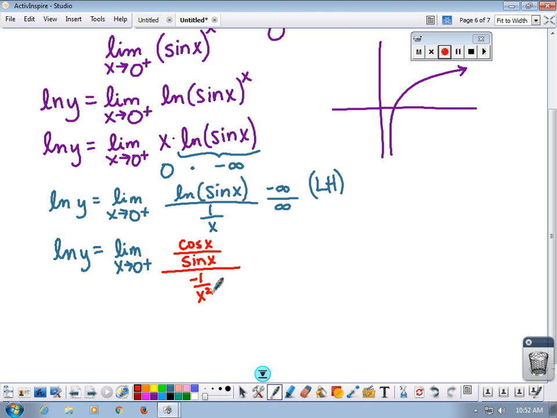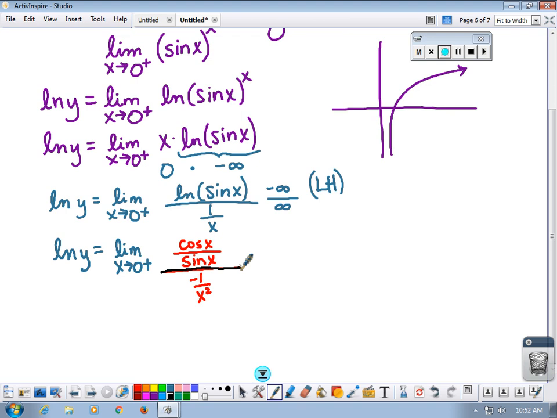I think it's better to write it that way. It's easier to comprehend than the negative exponent. Alright, so if you plugged in the 0, cosine of 0 is 1, but sine of 0 is 0. So you still have basically infinity over infinity.